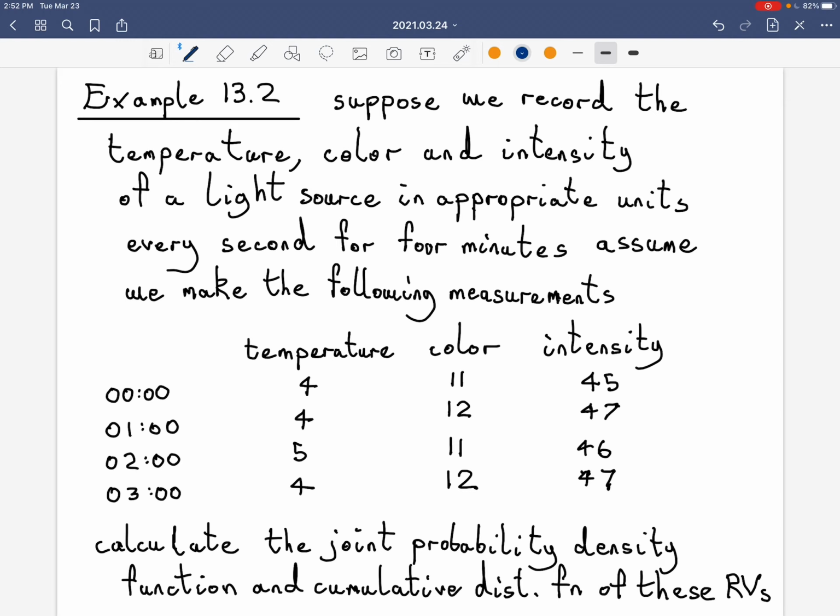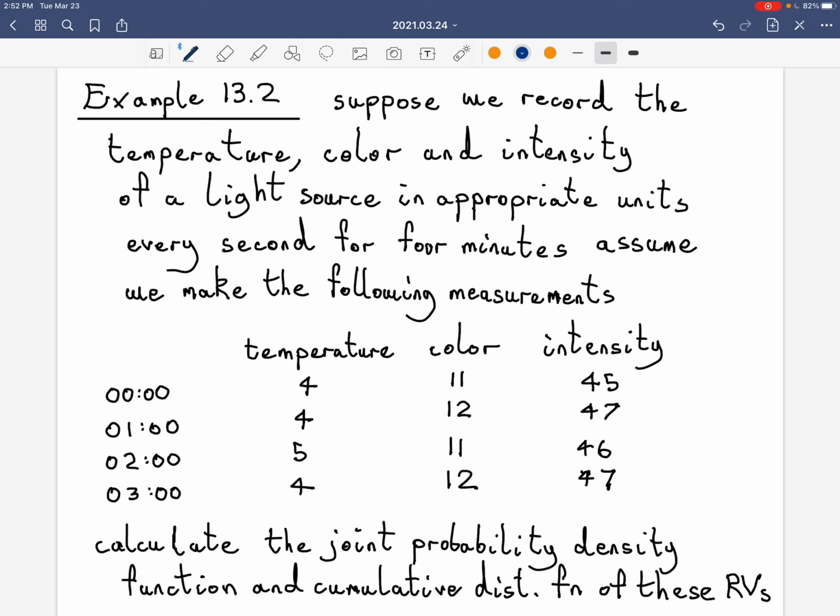Okay, so let's have a look at an example which involves more than 2 random variables. In this case, we have 3 random variables, and instead of looking at grids, we're going to be looking at cuboids. A linear table is a 1-dimensional tensor, a grid is a 2-dimensional tensor, and a cuboid of numbers is a 3-dimensional tensor.